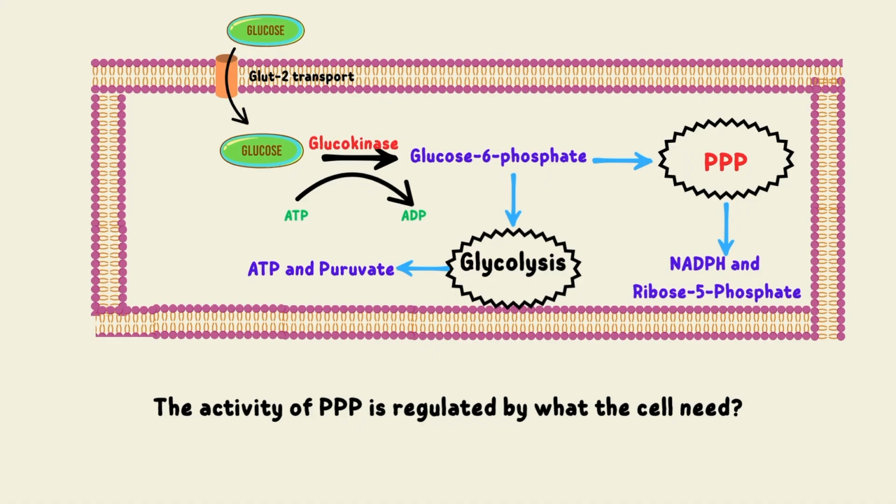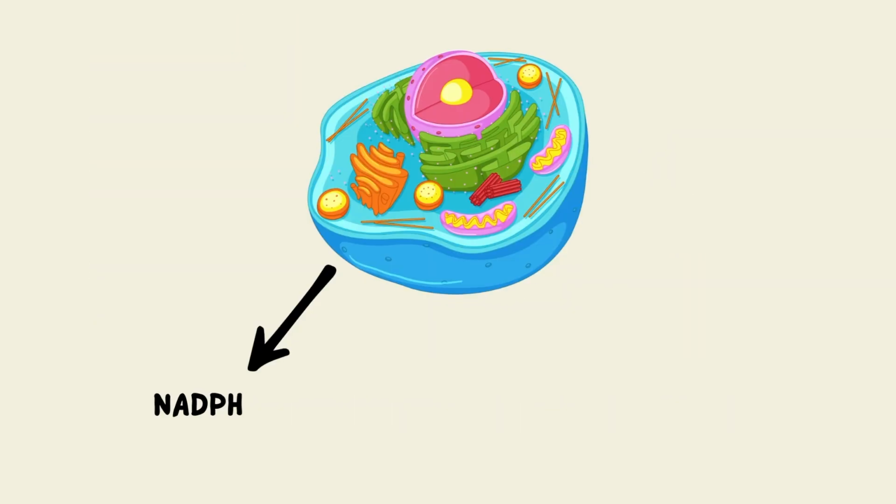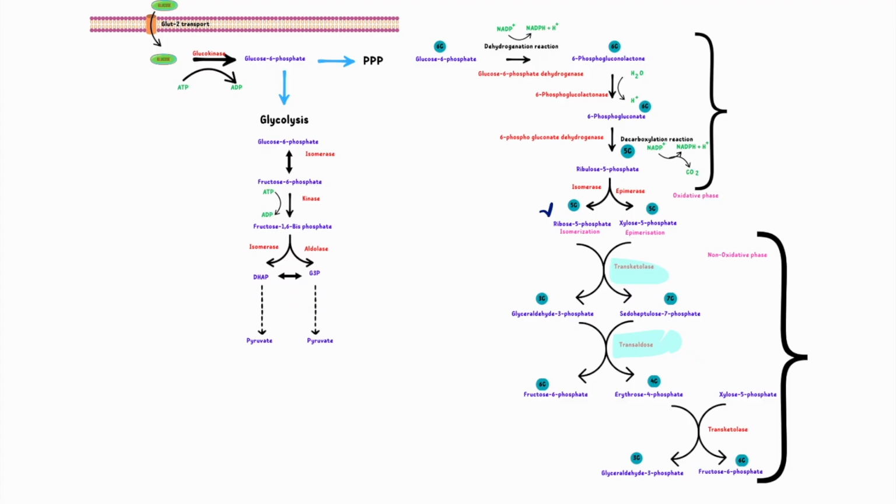The activity of the pentose phosphate pathway is regulated by what the cell needs, like whether it needs NADPH or nucleotides. The enzyme G6PD, that is glucose 6-phosphate dehydrogenase, is the rate limiting step of the pathway. It is allosterically inhibited by high levels of NADPH and stimulated by its substrate NADP positive.